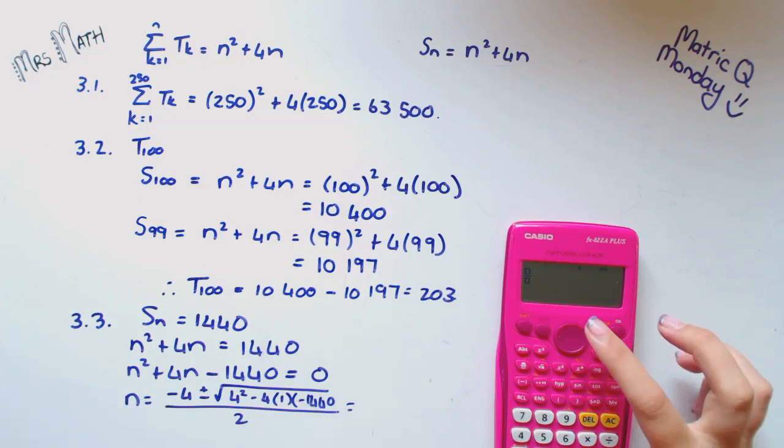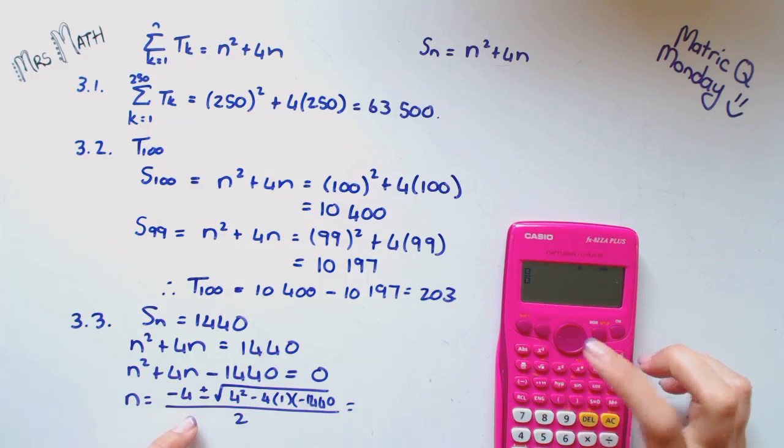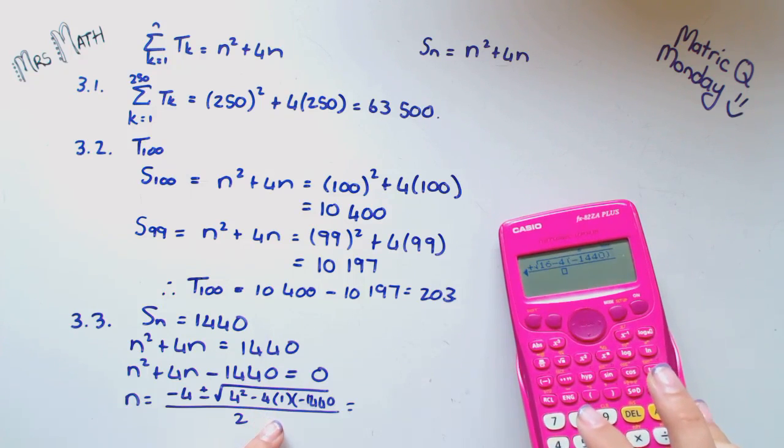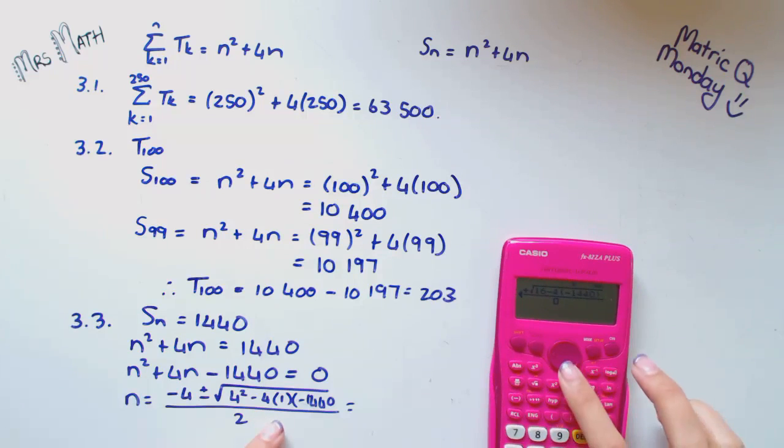So I first press the fraction, minus 4 plus root of 4 squared, which is 16, minus 4 times 1 times minus 1,440. I'm not even going to put in the 1 because that just keeps it the same.